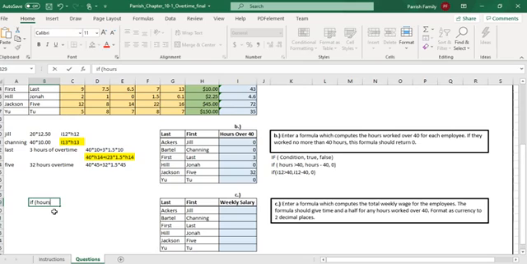I'm sorry, what we're going to do here is say if this is 0, we're going to use these numbers here. So if I-21 is equal to 0, that means I didn't get any overtime, right?